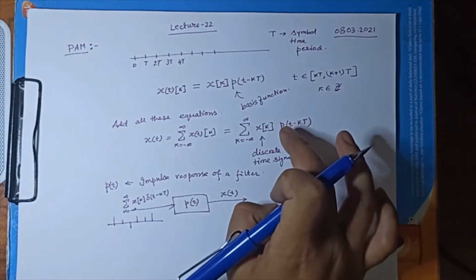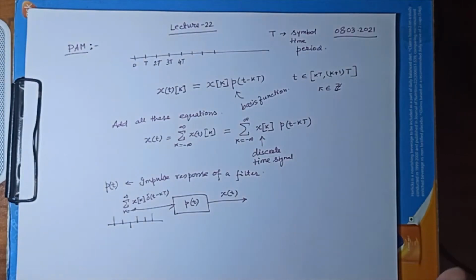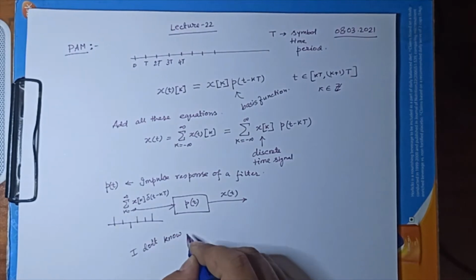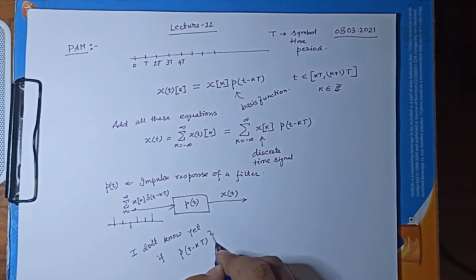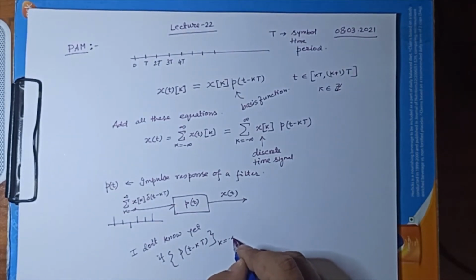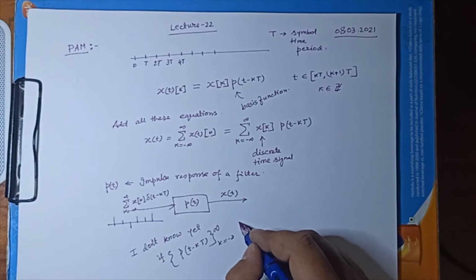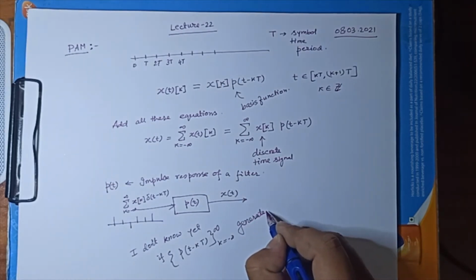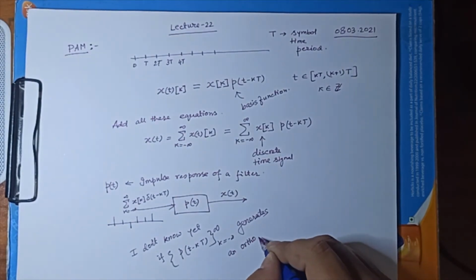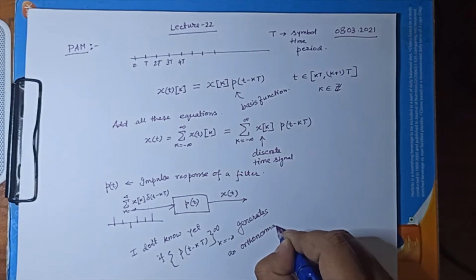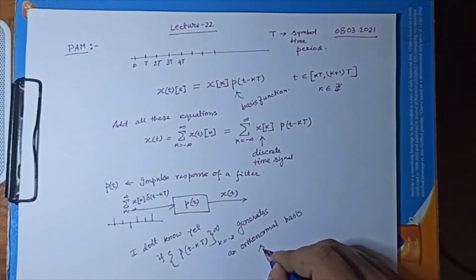However, I don't know yet whether the shifted versions p(t minus kT) for all k generate an orthonormal basis set or not.